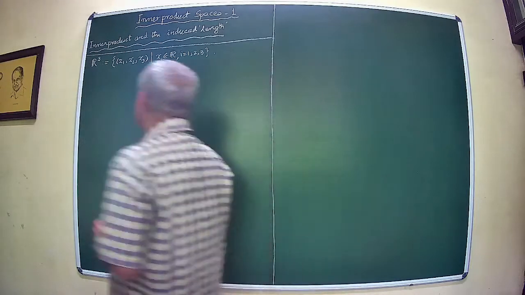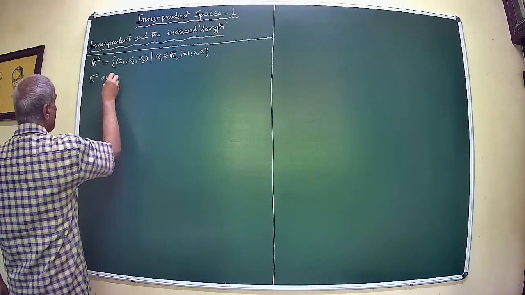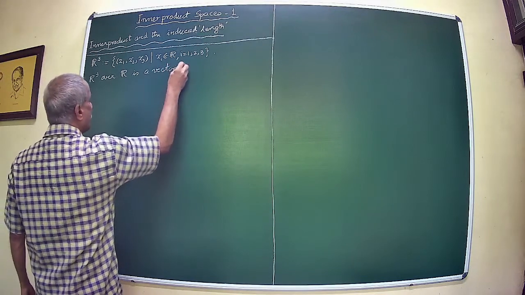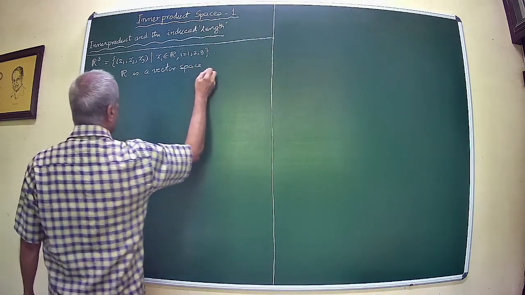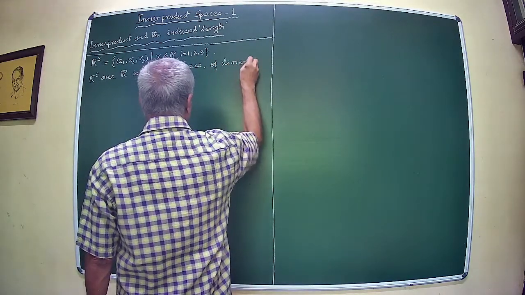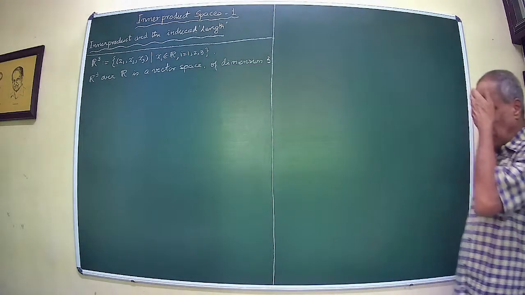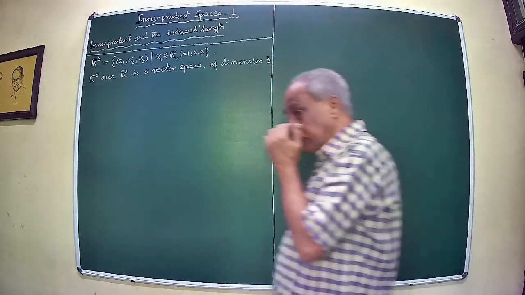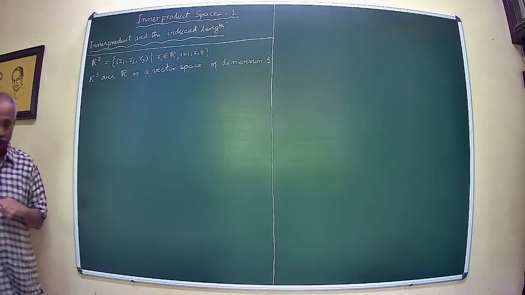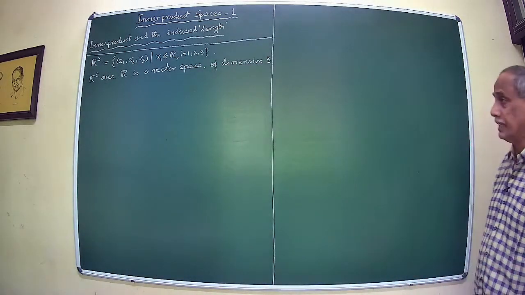Now R3, we also know that it is of dimension 3, and you know that the choice of the field is significant in deciding the linear space structure of the set R3.